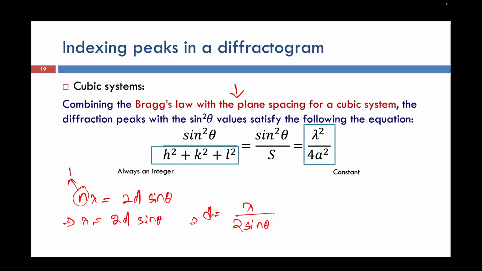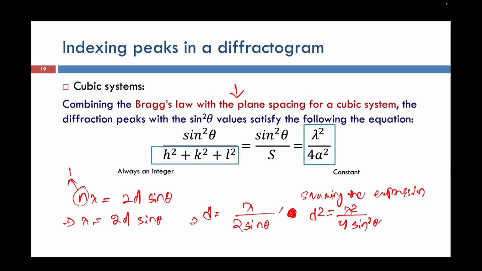So here, if we put the d value, I'll write it by squaring this expression, we will be getting d square is equal to lambda square by 4 sine square theta, right? Lambda square by 4 sine square theta.